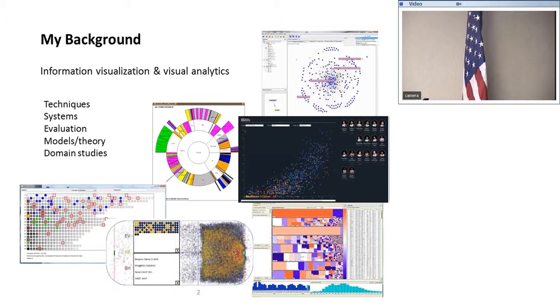So I work in the areas of information visualization and visual analytics. Those areas really deal for the most part with non-spatial abstract data, things that we have no idea what they look like. Our community has identified these 5 types of research within that area, and I really try to work across all of those.